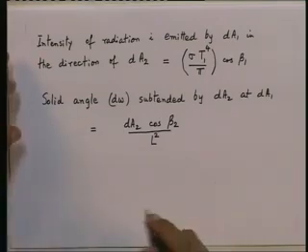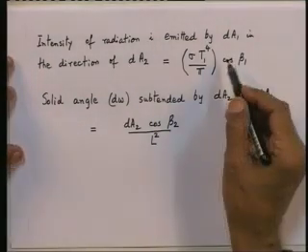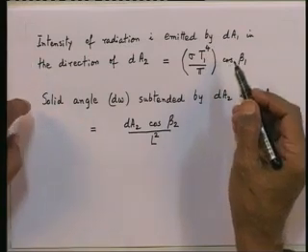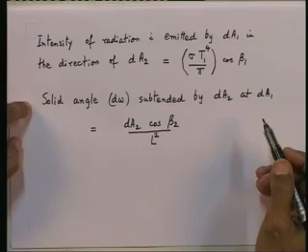Okay. Therefore, I know the intensity of radiation emitted by dA1 in the direction of dA2. I know the solid angle subtended by dA2 at dA1.